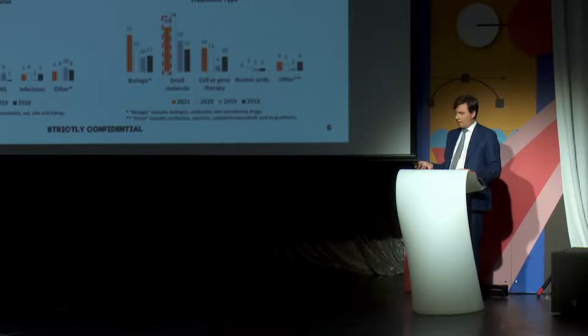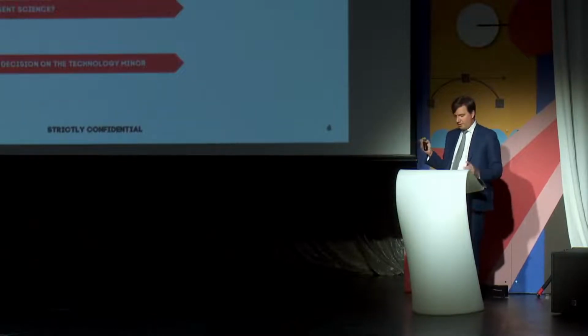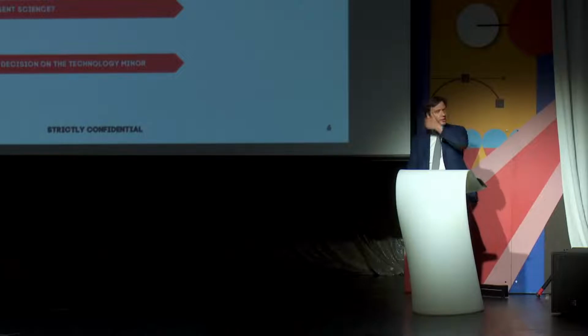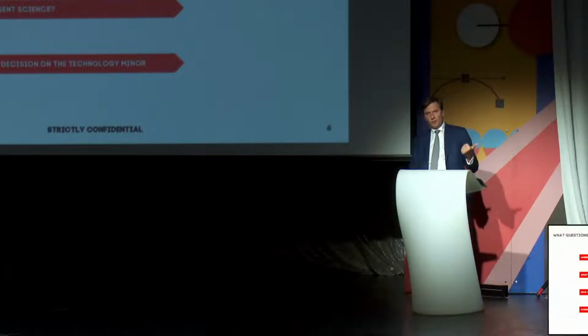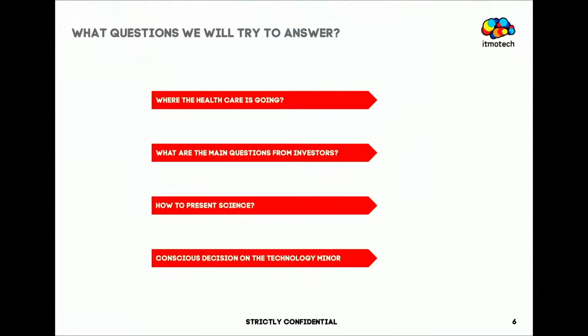If you are following these trends, then you actually can go public early. You can license your program at a very early stage, even at the preclinical stage, and then of course you can sell the company as early as once you have some data in humans.